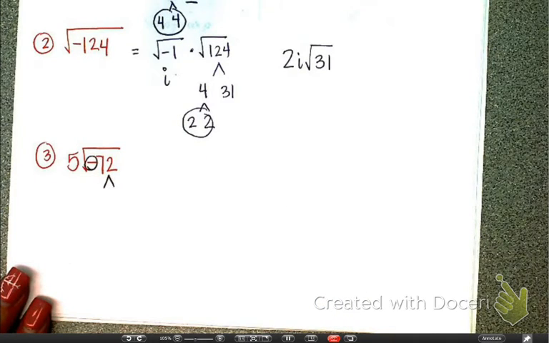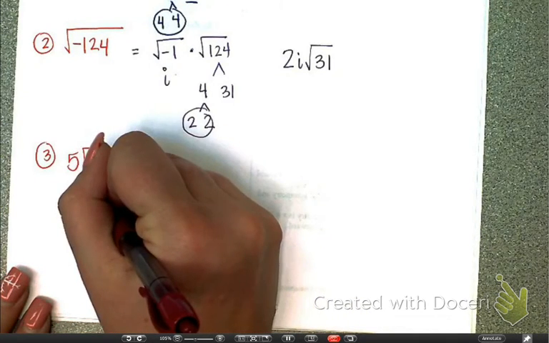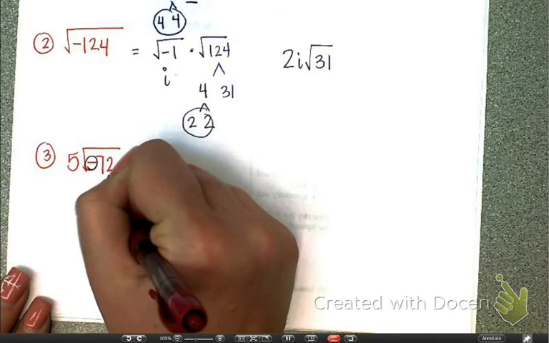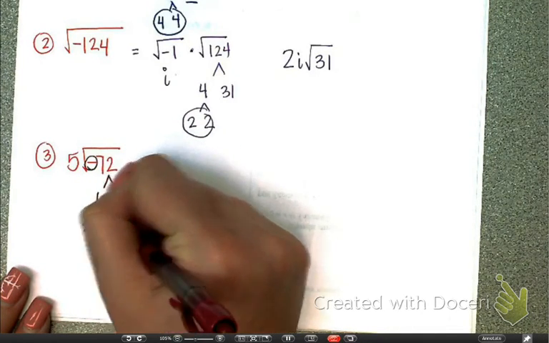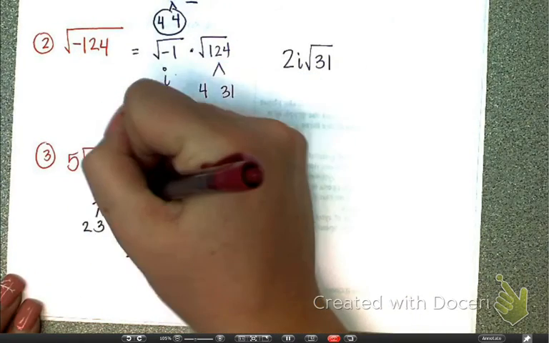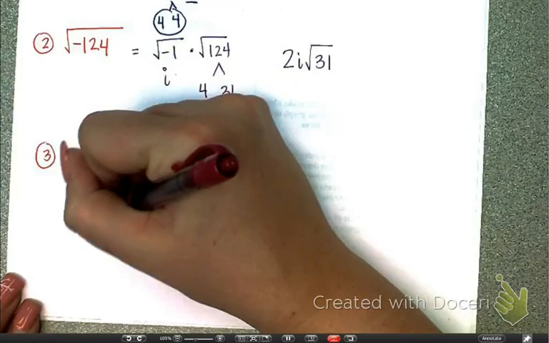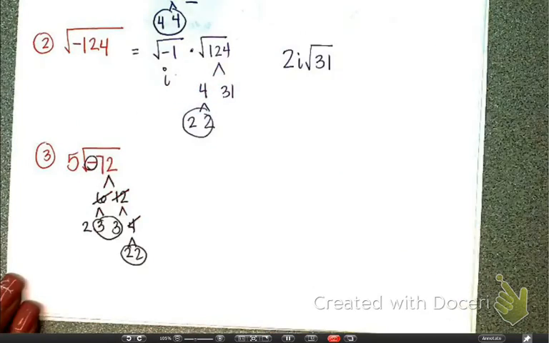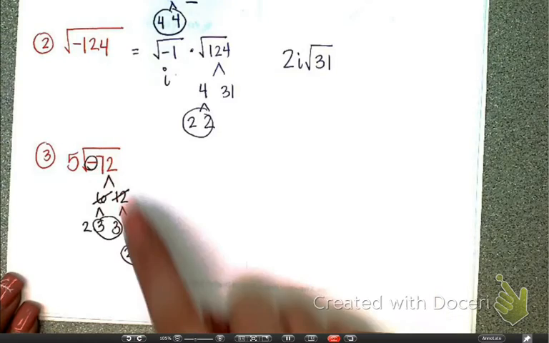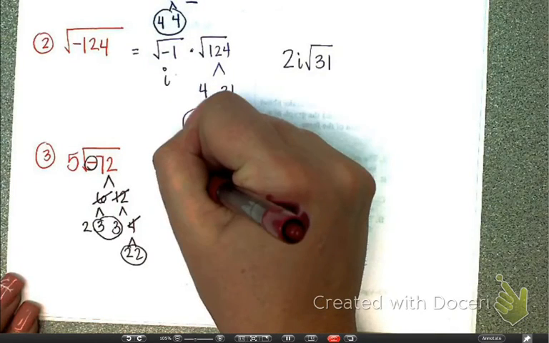Right? Okay, let's break down 72. What multiplies to 72? Okay. 6 breaks down to 2 and 3. 12 is 3 and 4. And then 2 and 2. So I have a pair of 3's and a pair of 2's. And I have the I that's coming out. So 2 times 3 is 6.